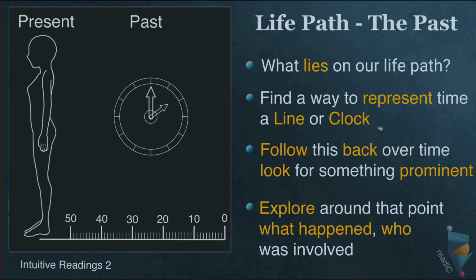The nice part of using a clock is that if you use it for, say, the last 6 months or the next year, which we'll get to the future just now, or if you want to look over the last couple of months, say for instance there's a persisting situation, you can then ask, well, how long ago did this start? You can ask your clock to count back until when it started.